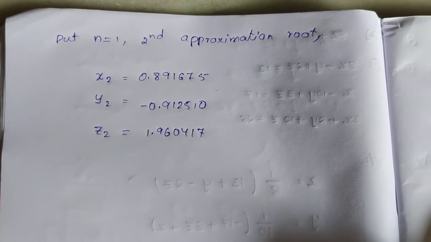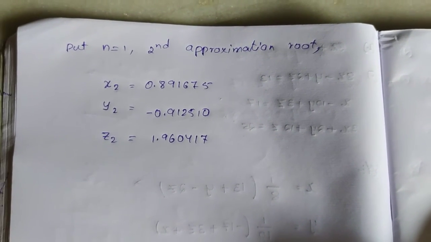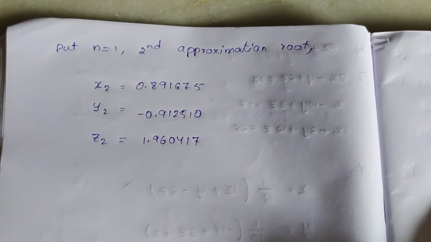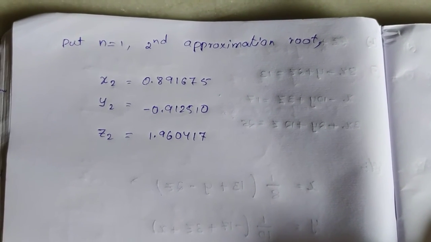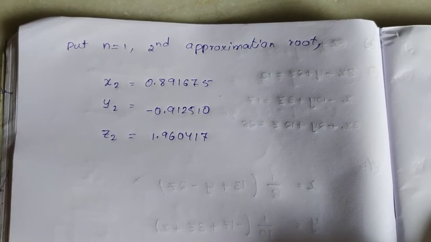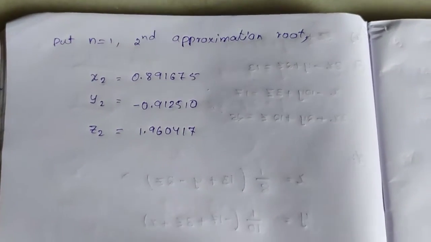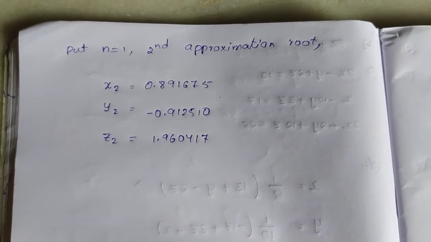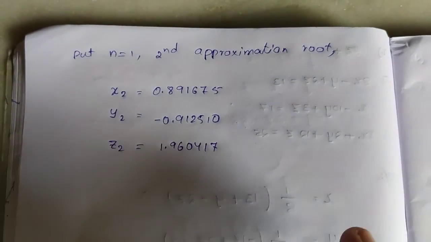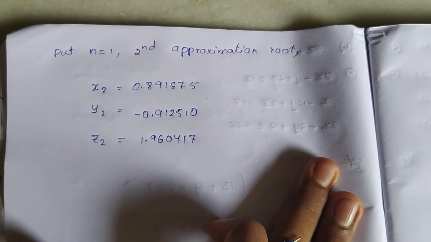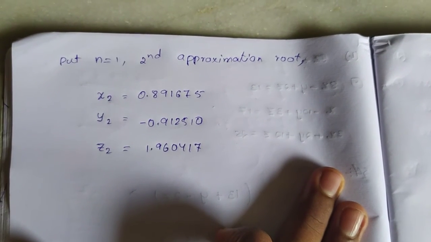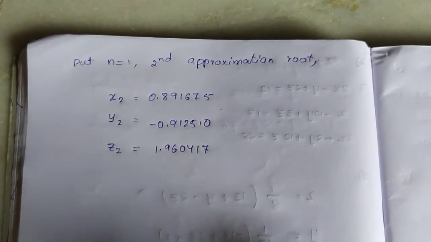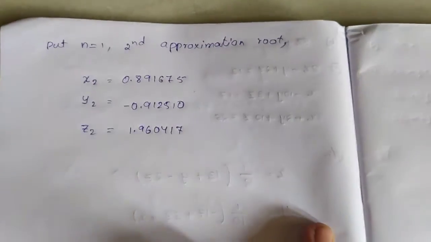So like this, if we want the nth approximation root, we should substitute the value of the (n minus 1)th approximation root in the calculator in order to obtain the nth root. This process is continued until the difference between two successive roots is negligible.